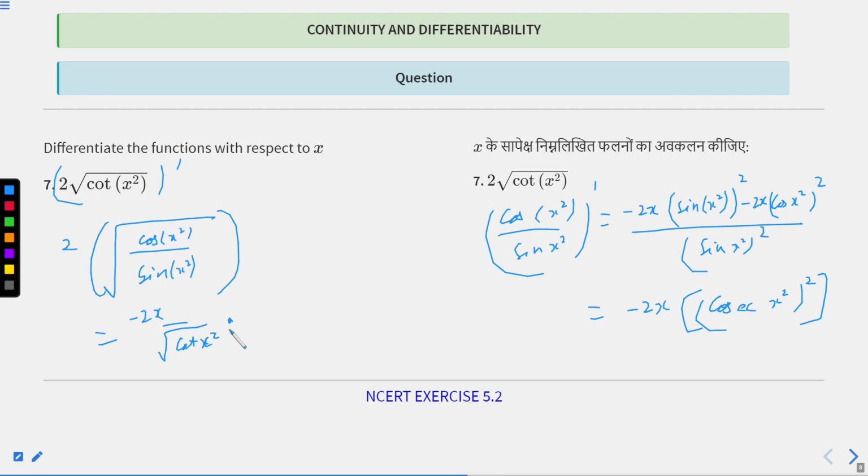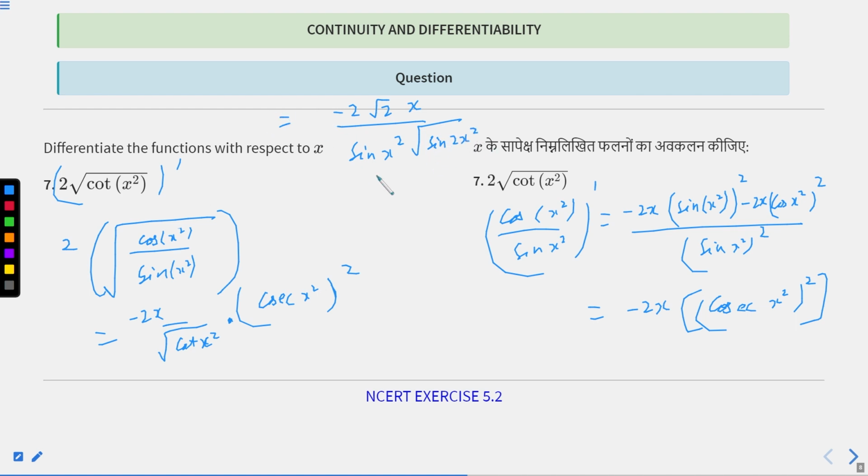Now this will be multiplying with cosec x square whole square. So the final answer, let me write it. The final answer will be minus 2 root 2x by sine x square, root of sine 2x whole square.